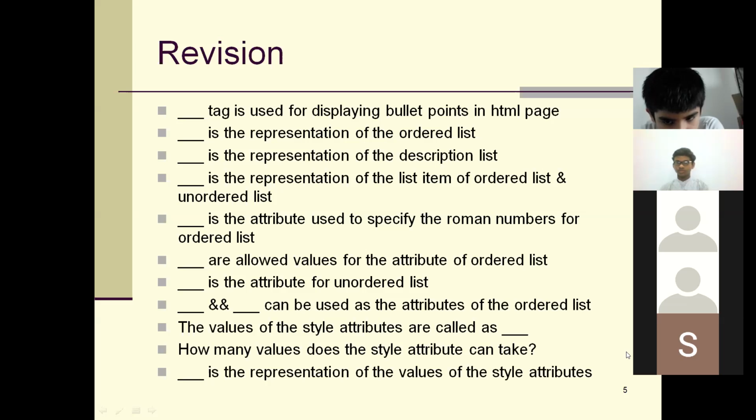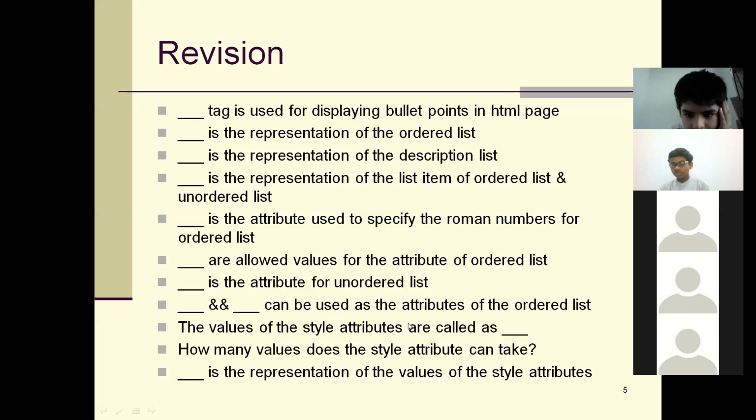I'll ask again, Ilvarthi, can you read out the last two questions? Okay, read out the question. Dash is the representation of... not that one, just above that. How many values can the style attribute take? The values means the style properties. How many style properties can you give to a style attribute?